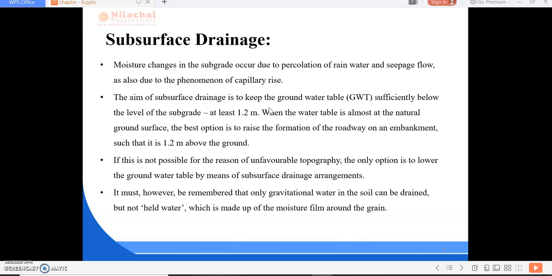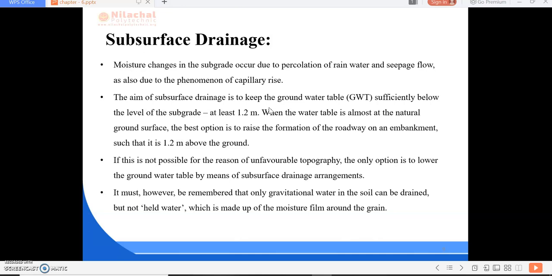Why are we using a subsurface drainage system? To minimize the moisture content or water content in the subgrade, because we have to keep our subgrade away from water and moisture. Changes in the moisture content of the subgrade are caused by fluctuation in the groundwater table, seepage flow, percolation of rainwater, and movement of capillary water.